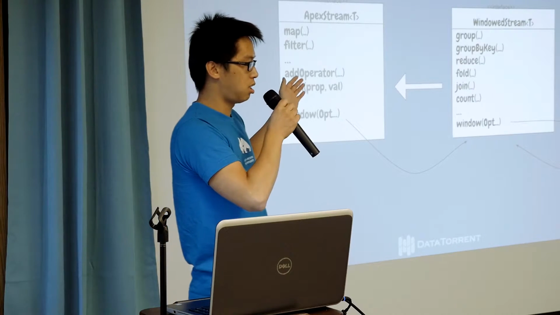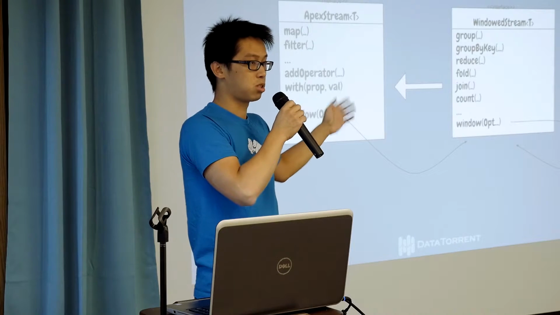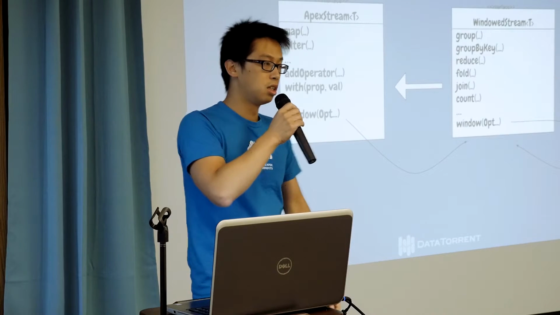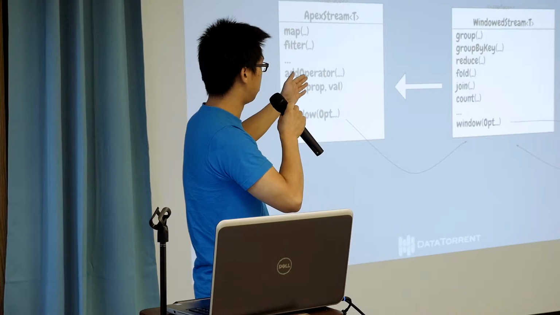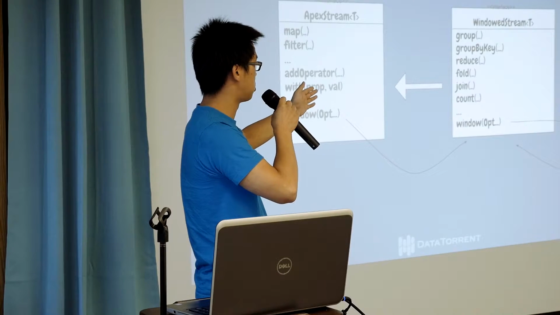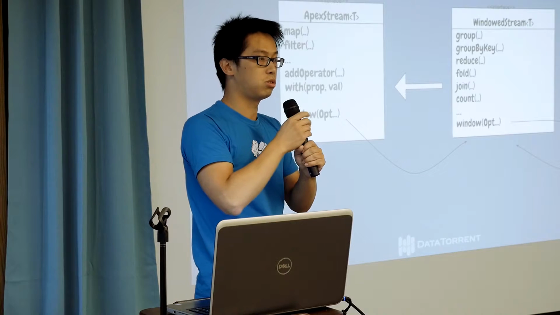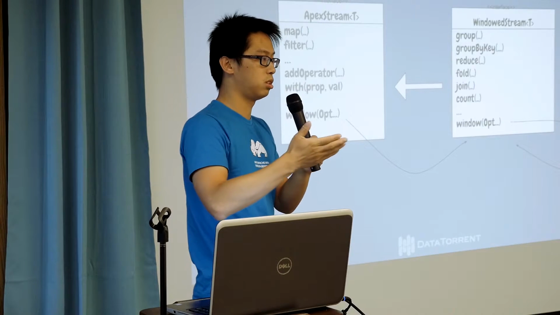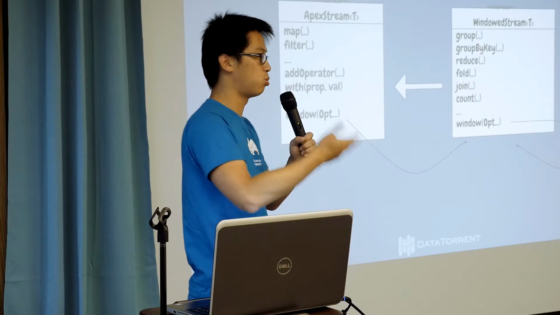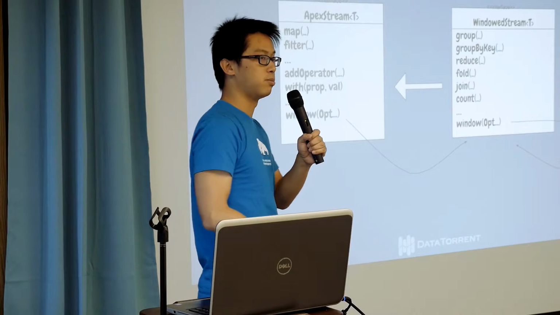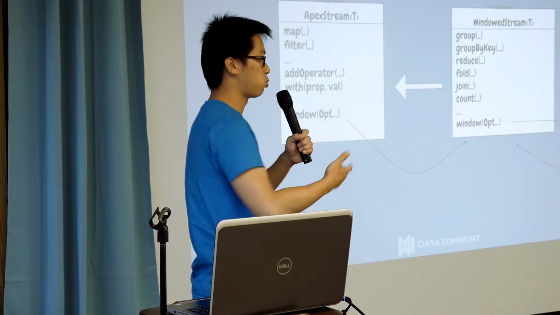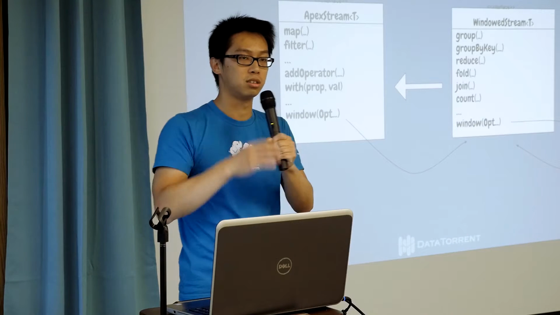And then the other category is called windowed transformation or stateful transformation. For example, group, reduce, fold, join, count. For those transformations, usually you should ask for the window first, like which window you need to do this transformation on, which window this transformation depends on, right?